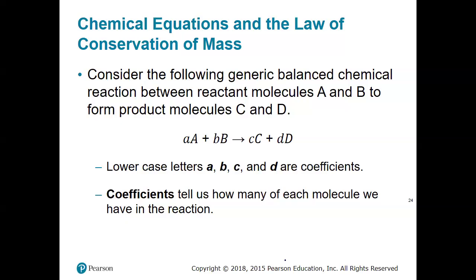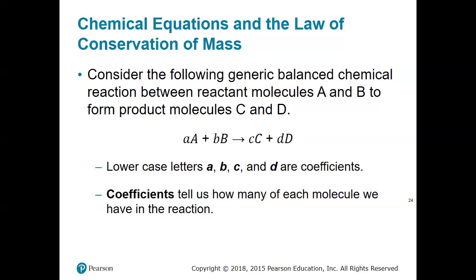So this generic equation just kind of tells you how to set it up. We are going to use coefficients in front of the chemical formulas to help us with the balancing act, as opposed to playing around with the chemical formulas themselves. Now, not every chemical equation is going to follow this particular format, where there are 2 reactants and 2 products and that kind of thing.